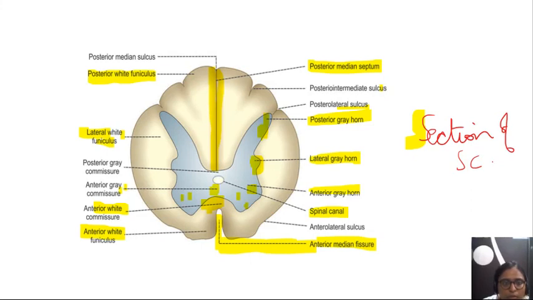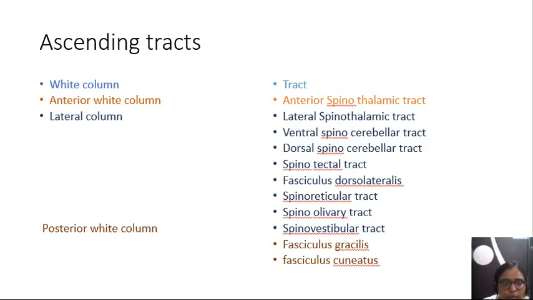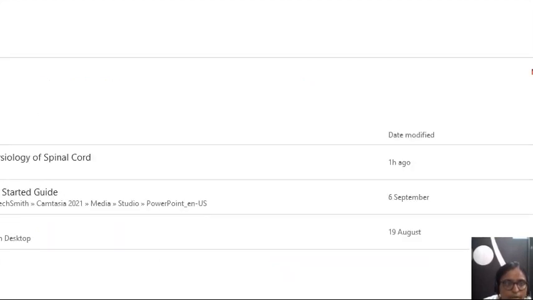Now we will move to the tracts, the ones we have seen. First of all, we will discuss the ascending tracts, then we will discuss the descending tracts.